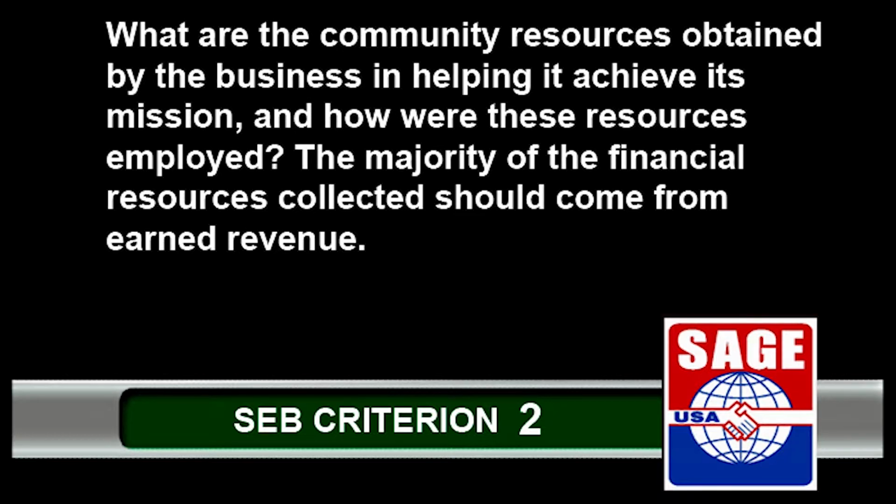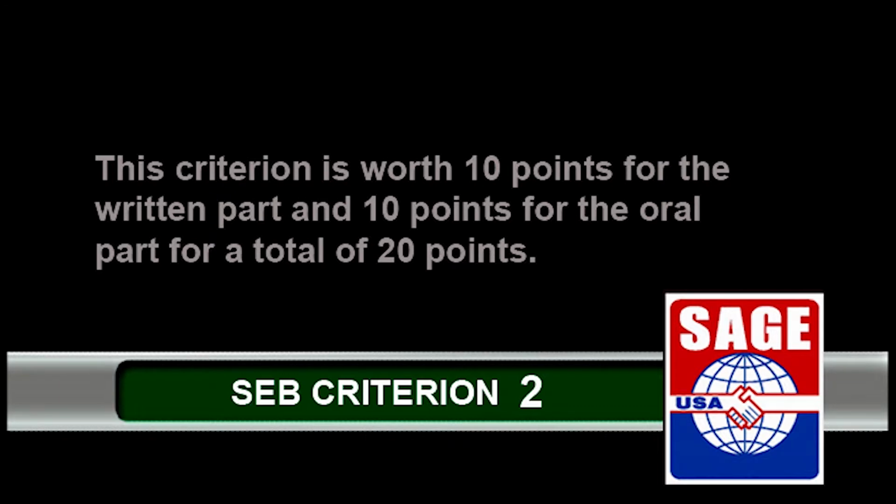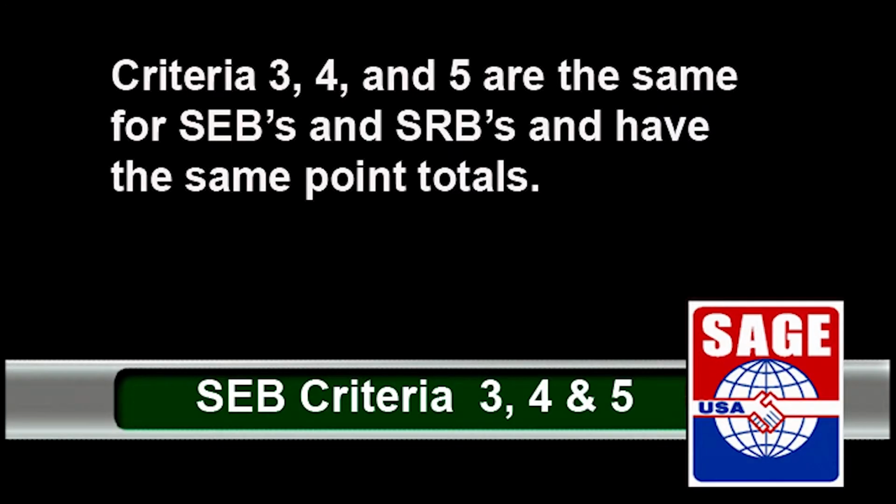And how were these resources employed? The majority of the financial resources collected should come from earned income. This criterion is worth 10 points for the written report and 10 points for the oral part, a total of 20 points. Criteria 3, 4, and 5 are the same for SEBs and SRBs and have the same point totals.